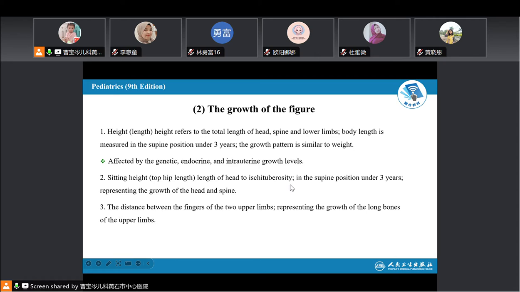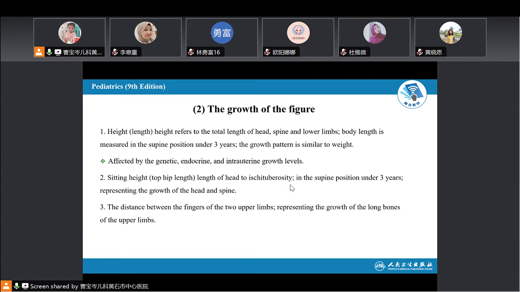The growth of height: height or length refers to the total length of the head, spine, and lower limbs. Body length is measured in the supine position under 3 years. The growth pattern is similar to weight, affected by genetic, endocrine, and intrauterine growth levels.